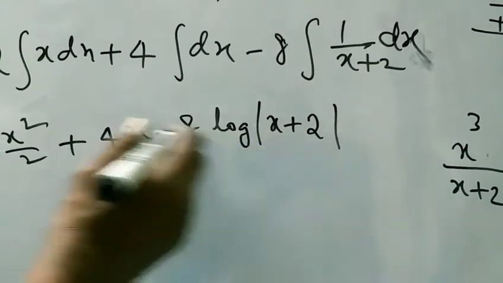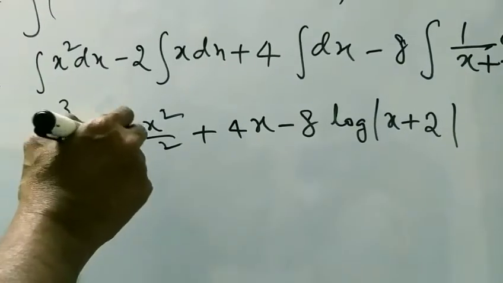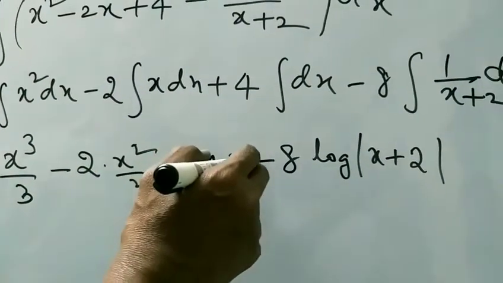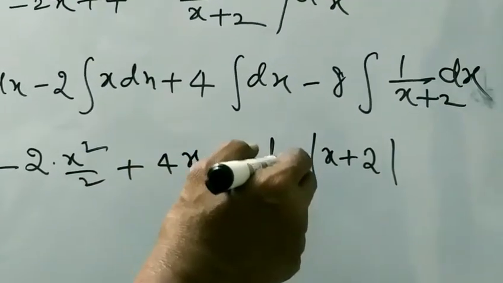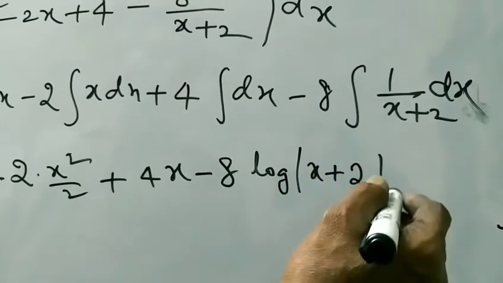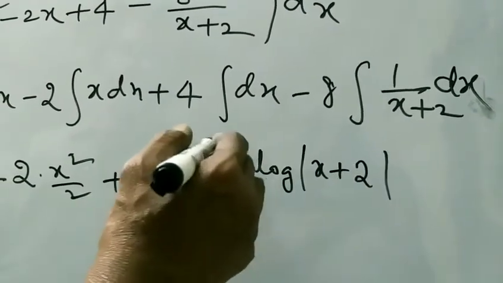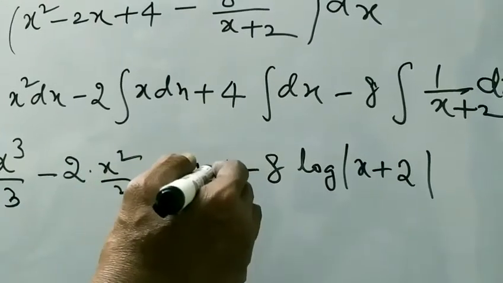So here x cube by 3 plus c1, minus 2 into x square by 2 plus c2, plus 4x plus c3, minus 8 log modulus x plus 2 plus c4. So here the four constants are arbitrary constants, c1 plus c2 plus c3 plus c4.